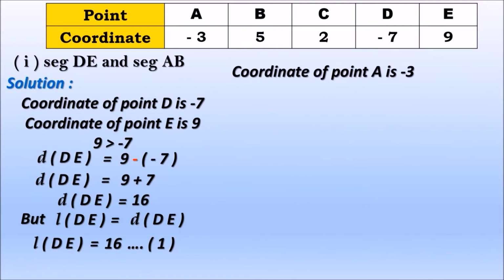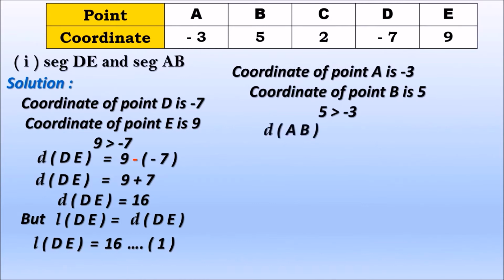Look here, the coordinate of point A is minus 3, the coordinate of B is 5. Now we will find distance AB. Which coordinate is greater among these two? 5 is greater than minus 3. So distance AB equals greater coordinate minus smaller coordinate. So what is the greater coordinate over here? 5. The smaller coordinate is minus 3.